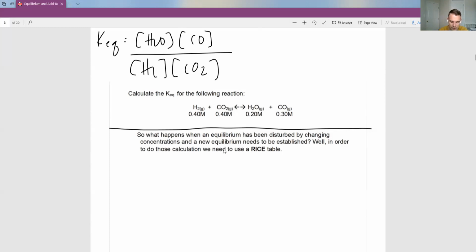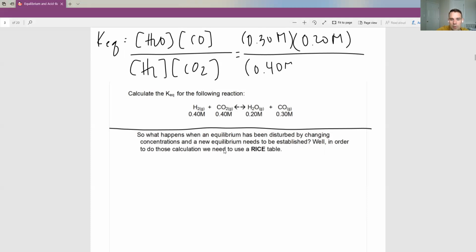So all you want to do is just now plug in those values. So that's going to be 0.30. Well, that's for the CO. It doesn't really matter. 0.20 molar divided by 0.40 molar, 0.40 molar. And then put it in your calculator.